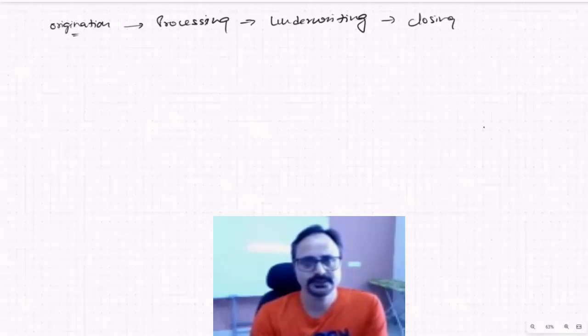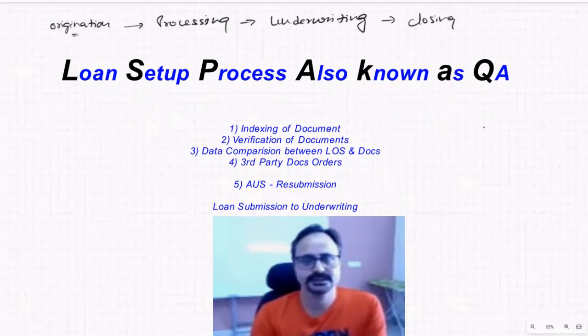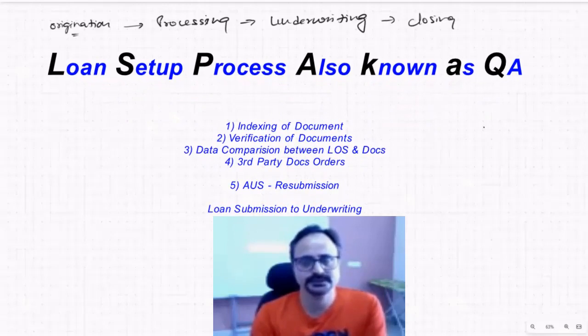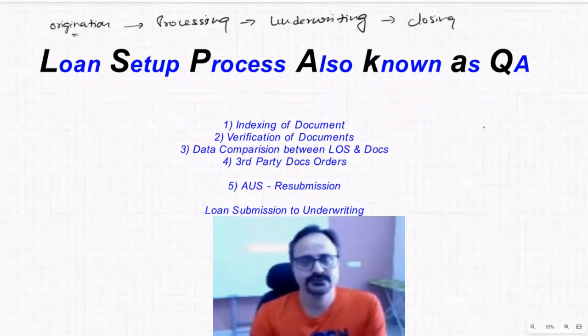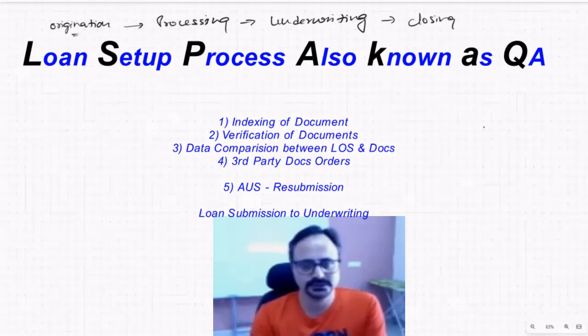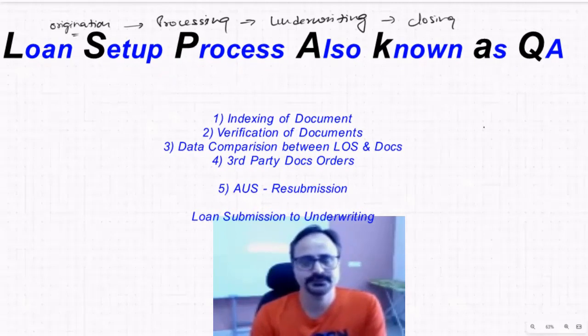Number one, whatever documentation they receive, they complete it, right? They categorize and index those documents, check for completeness, and verify whether all the documents are good, complete, and accurate, right?